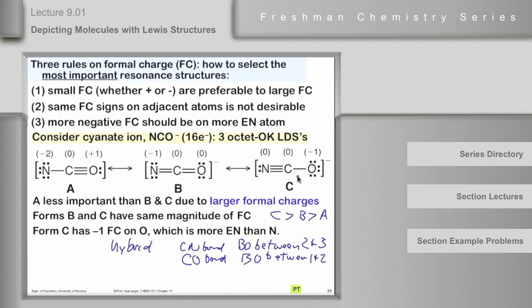So the formal charge gives us some real insight into the molecule. We make some pretty subtle and fairly sophisticated predictions about this ion, and they turn out to be right.